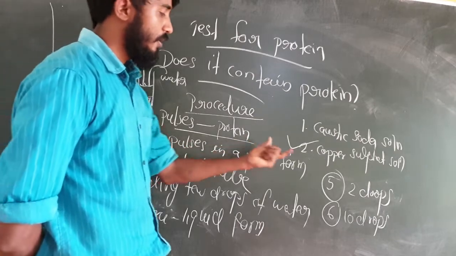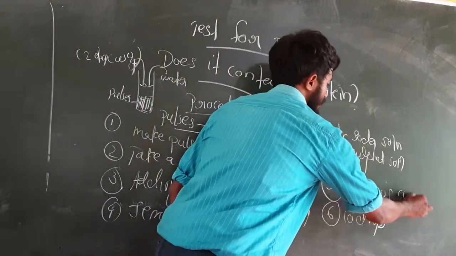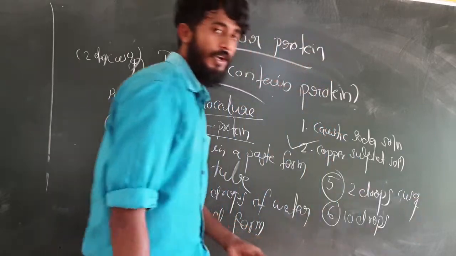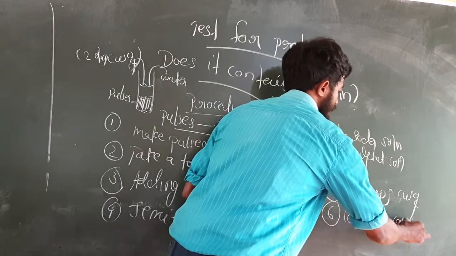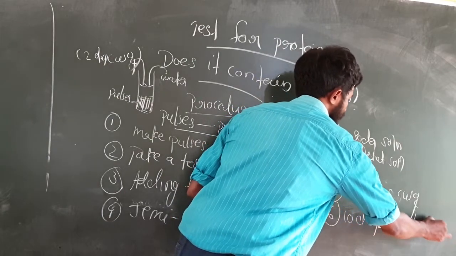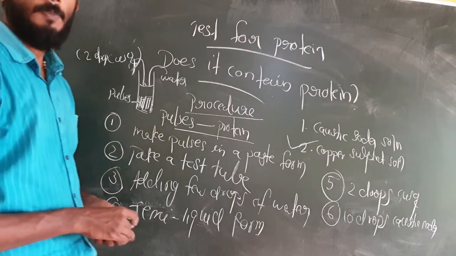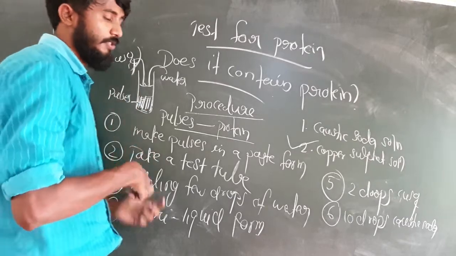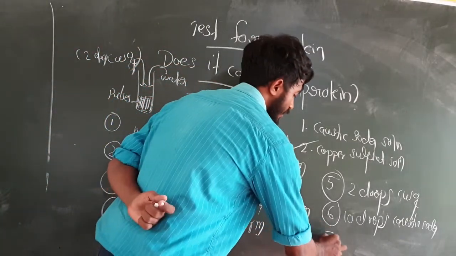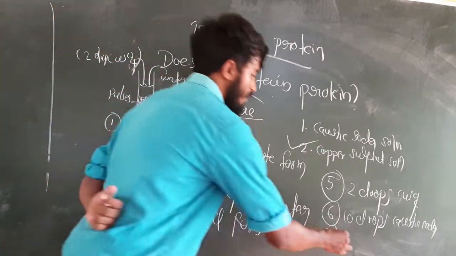Clear? 2 drops of copper sulfate solution we are adding, and later we are adding 10 drops of caustic soda solution also to this. Clear?